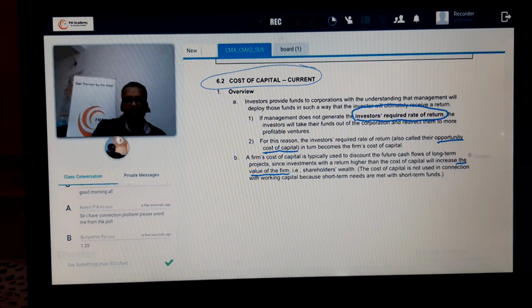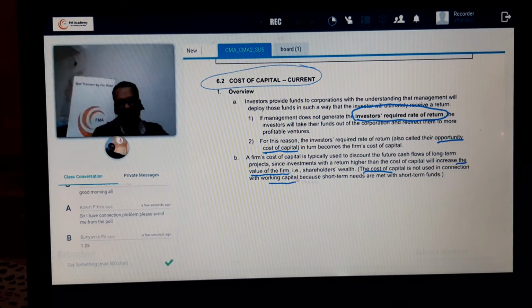The term cost of capital is not used in connection with working capital. Working capital is what? Short-term finance. Current asset minus current liability is working capital. The cost of capital is related to long-term sources of finance. Alright?